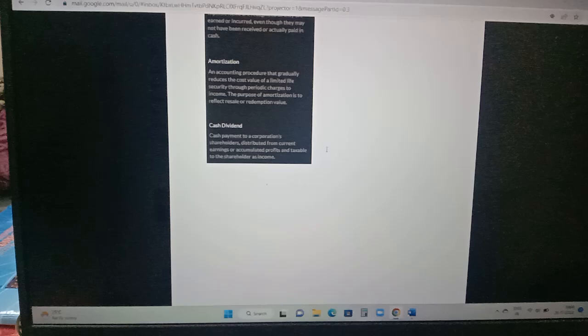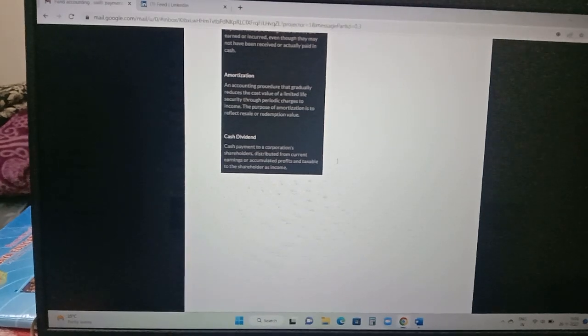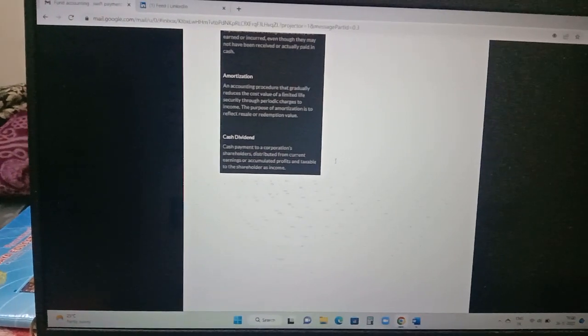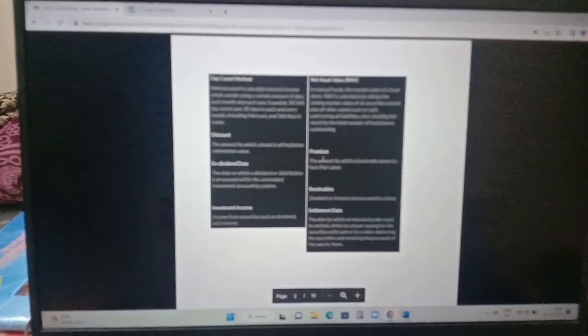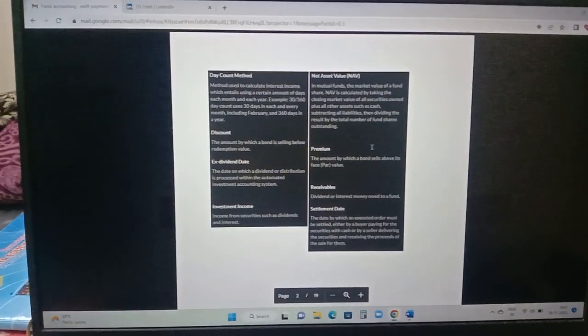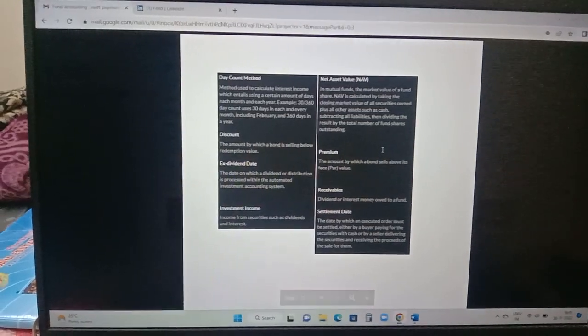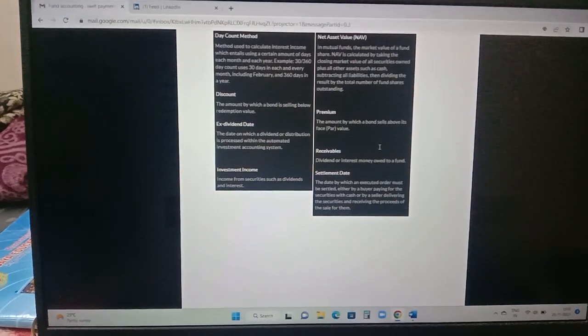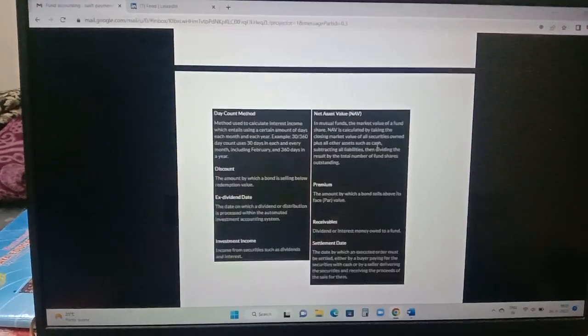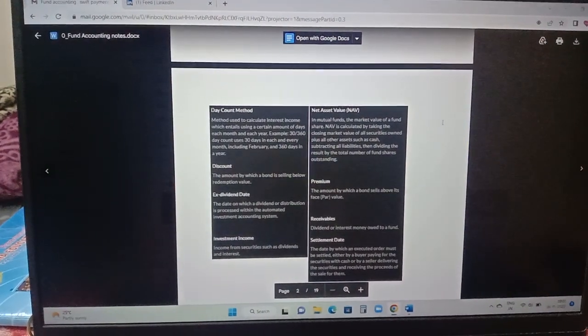Next, they have mentioned cash dividend: a cash payment to a corporation's shareholders, distributed from current earnings or accumulated profits, and taxable to the shareholder as income. So here we have a lot of concepts like net asset value, settlement date, premium, and discount related information. Net asset value, let's have a look.